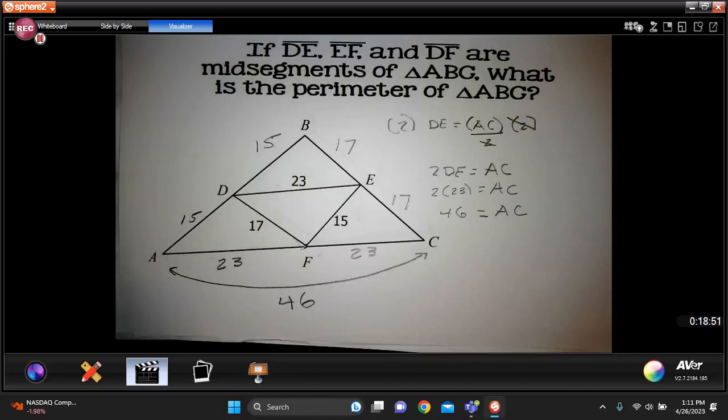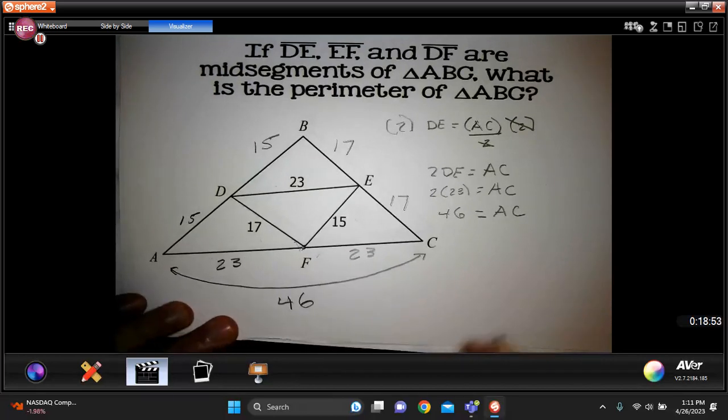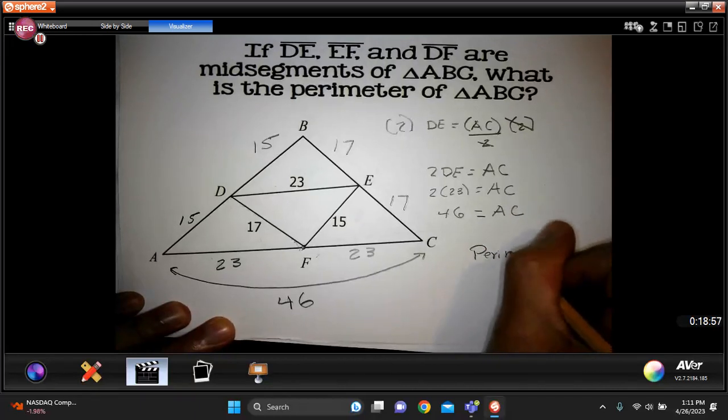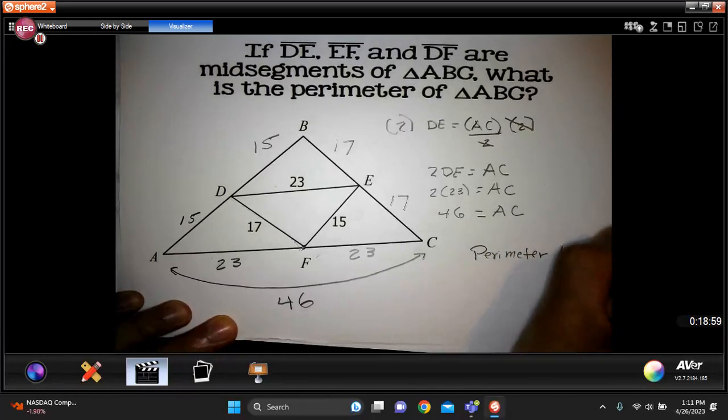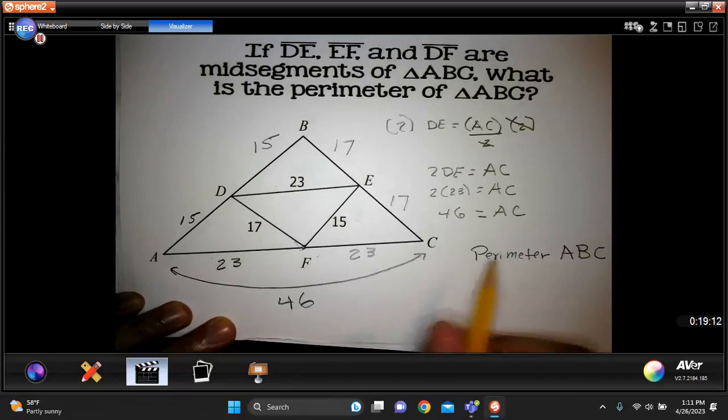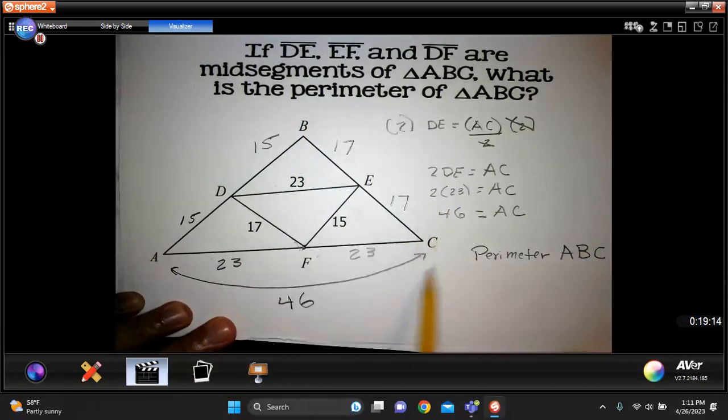So now they're asking me, what is the perimeter? If you remember what perimeter is, the perimeter of ABC is going to be the sum of all the sides. This is ABC, so we're looking at the perimeter of the bigger triangle, the one outside.